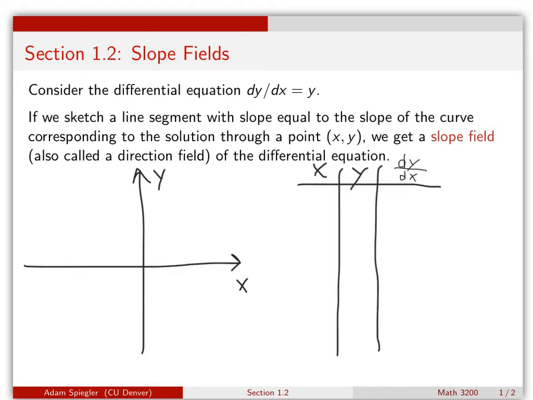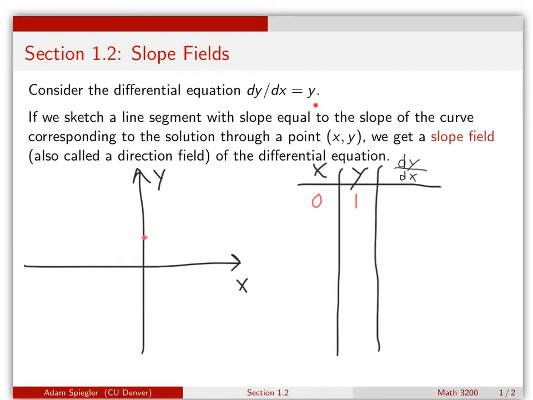So let's consider this differential equation, dy/dx is equal to y. And let's say, for example, I want to know what the solution to this differential equation looks like at the point (0, 1). So let's say (0, 1) is approximately over here. When I plug x equals 0, y equals 1 into the right side of this differential equation, the x doesn't go anywhere.